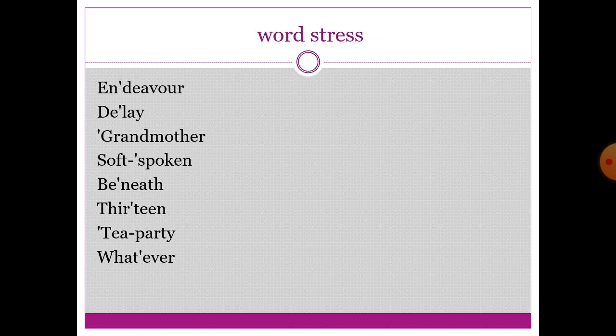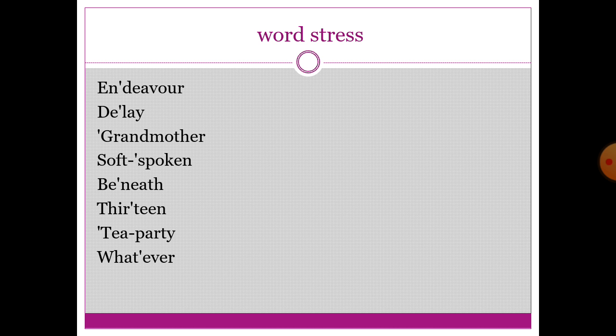De is a weak prefix, and that's why the lay is stressed here. Here also we apply rule 1. Whenever there are weak prefixes, the stress is on the second syllable.